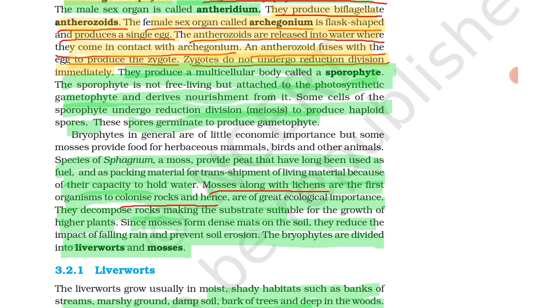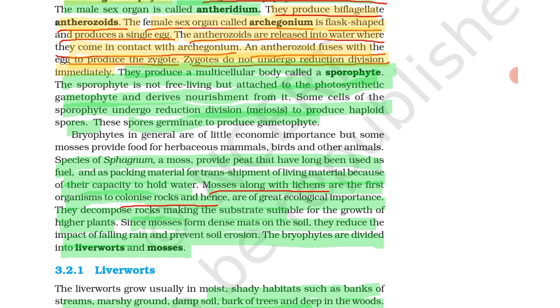So this is the most important point. The species of sphagnum, a moss, provide peat and have been used as fuel. They may ask a question, or as a packing material for transshipment of living material because of their capacity to hold water. Means what?